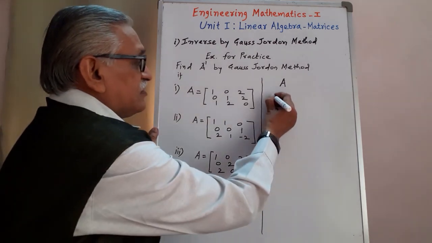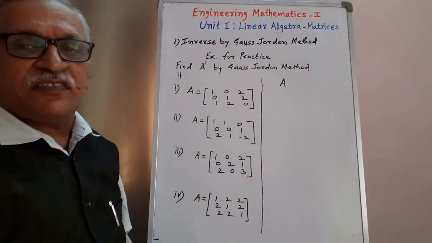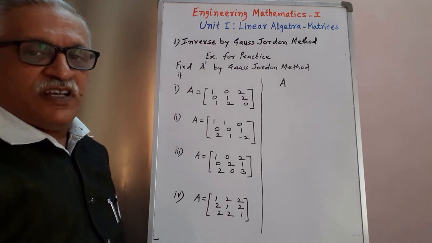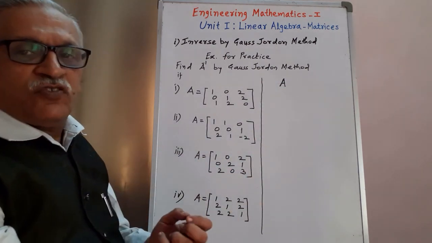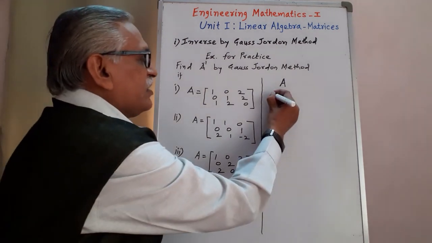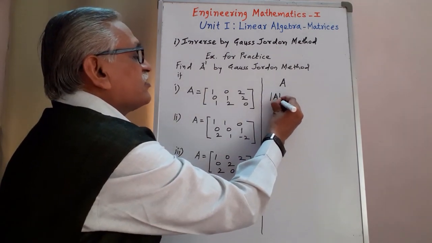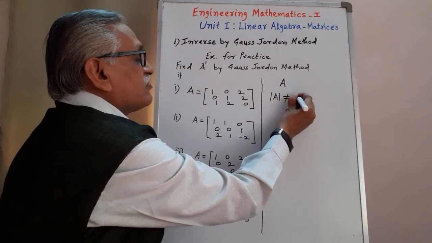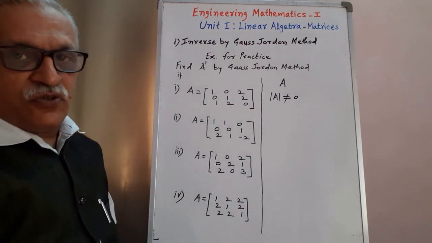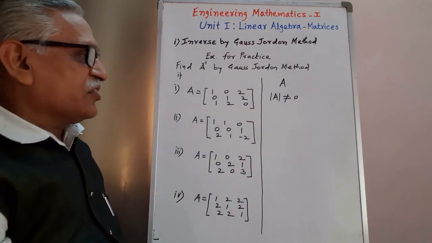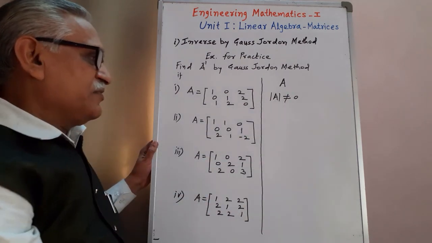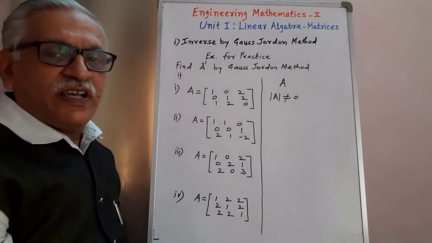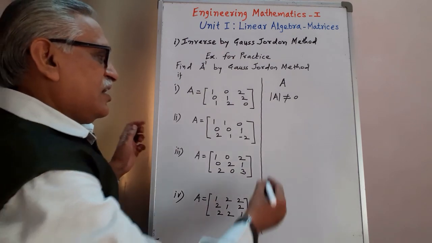The necessary condition for the existence of the inverse is that the matrix must be non-singular. Non-singular means the determinant of that matrix should not be 0. For a singular matrix, the inverse does not exist. Therefore, if this condition is satisfied, only then can we find the inverse.